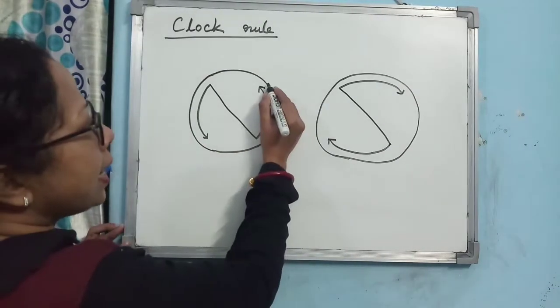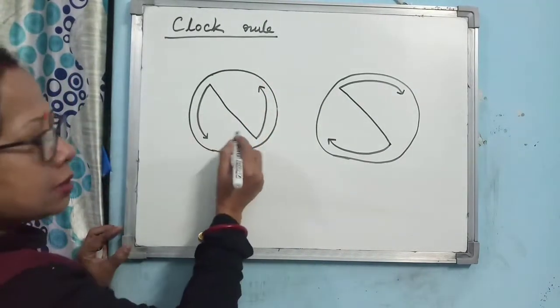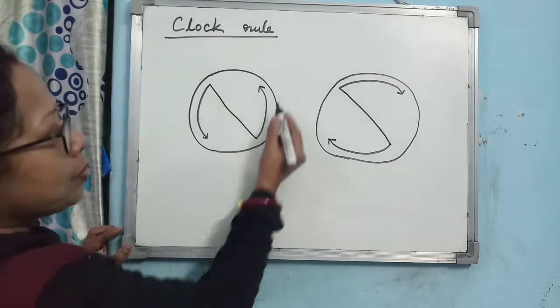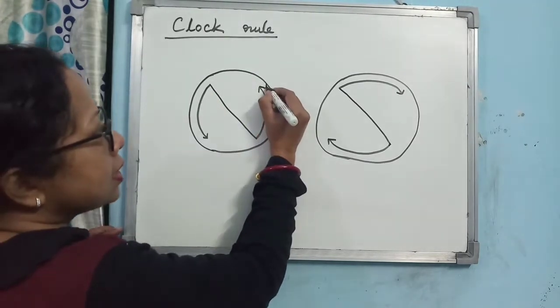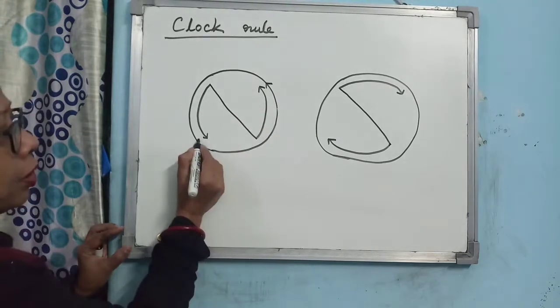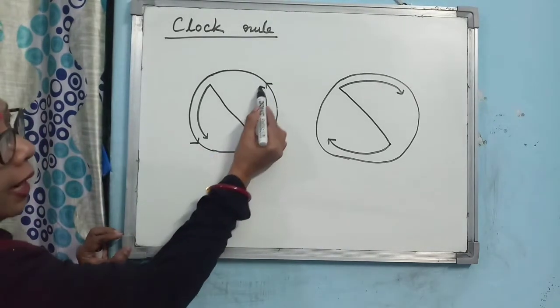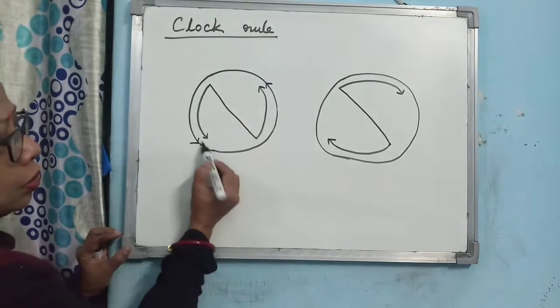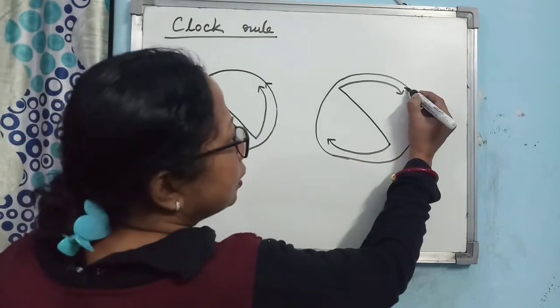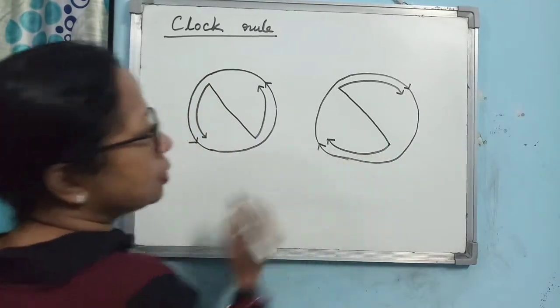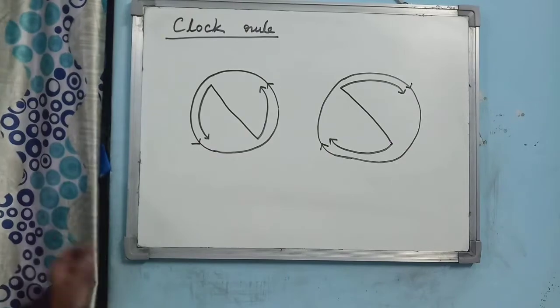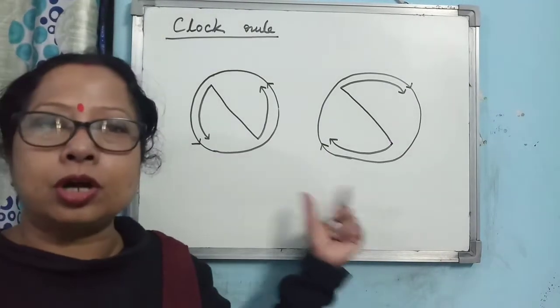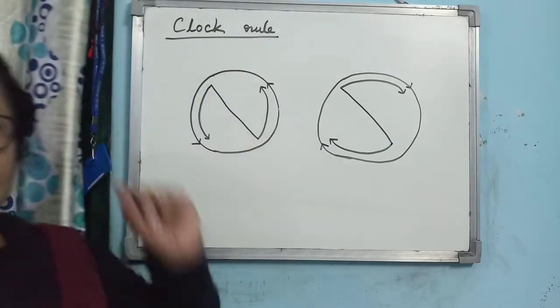Then outside, along the circle, how to draw the arrow? Just like the arrow you have drawn at the free end. You see here, the arrow is in this direction. So draw the arrow. Here also, do the same. You draw the arrows like this. Okay, so this is the way you have to draw the diagram for the clock rule.